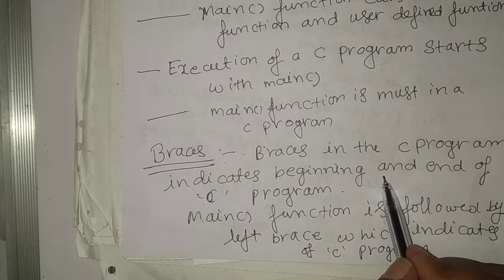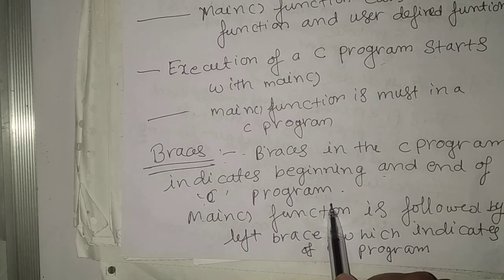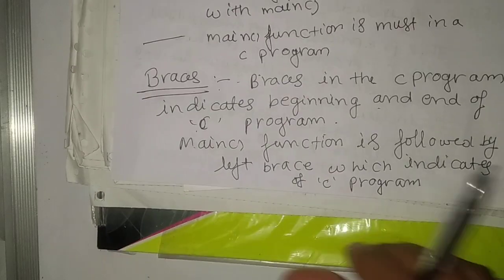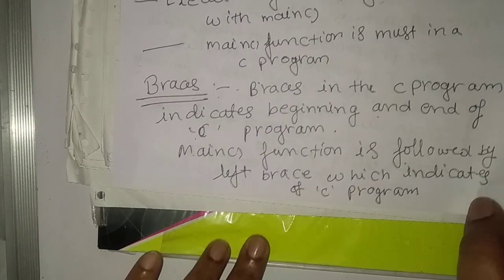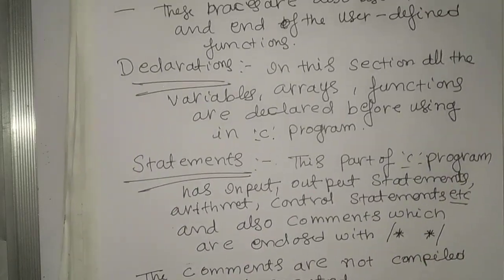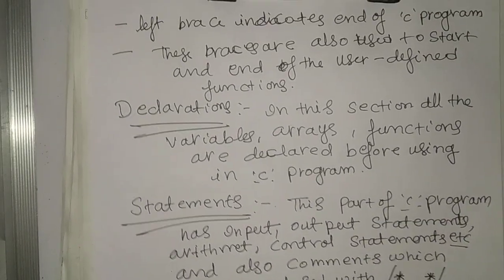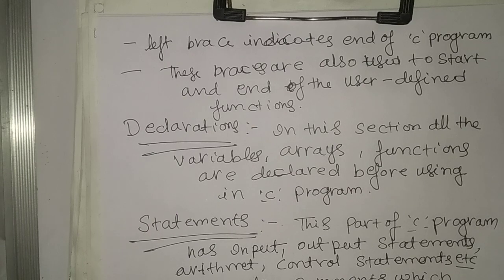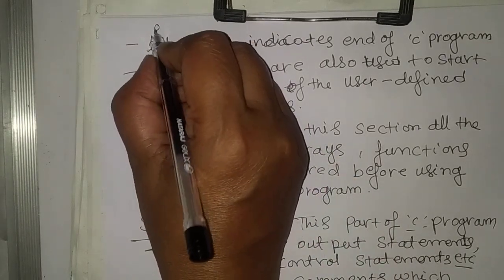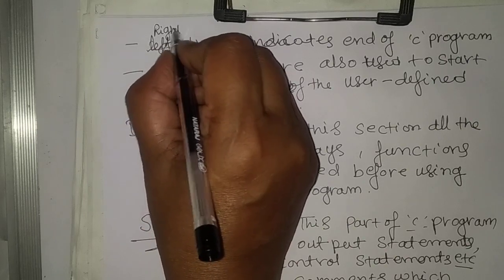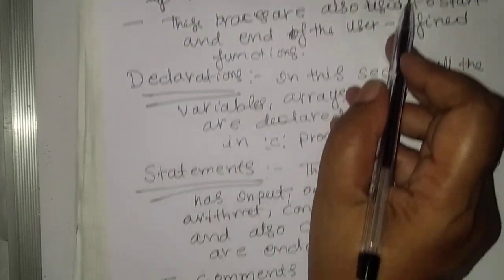Braces in the C program indicate the beginning and the end of the C program. The main function is followed by the left brace, which indicates the start of the C program. The right brace indicates the end of the C program.